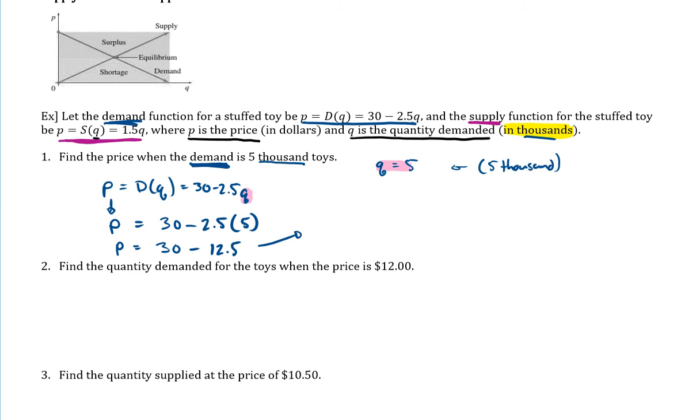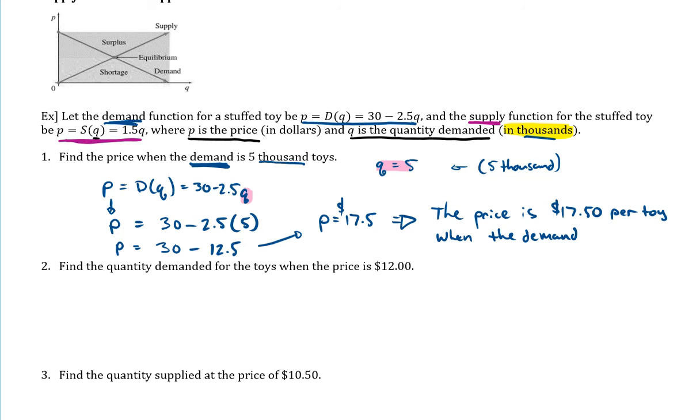The price is 17.5, and they say that is in dollars, so let's go ahead and put our dollar sign. If they say interpret this in words, what we've got is the price is $17.50 per toy when the demand is 5,000 toys.